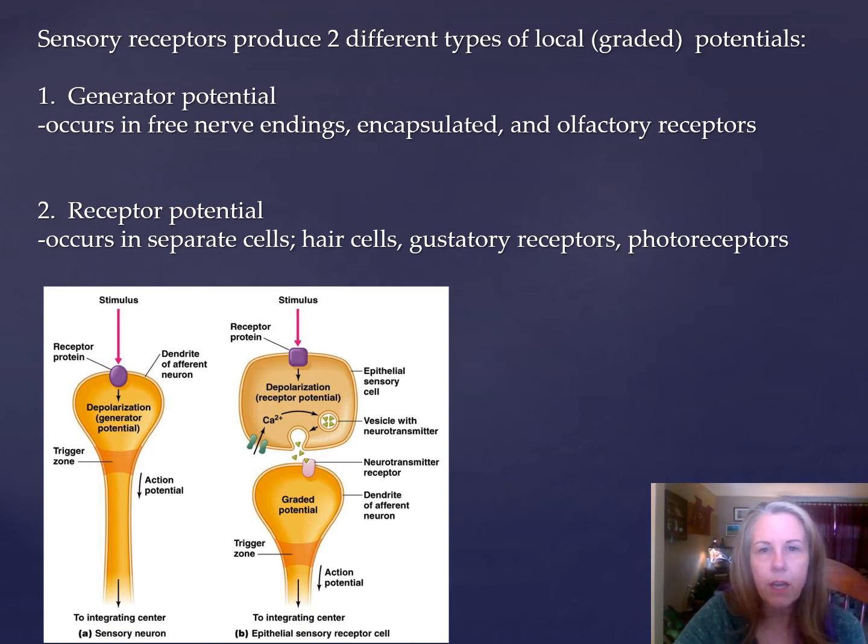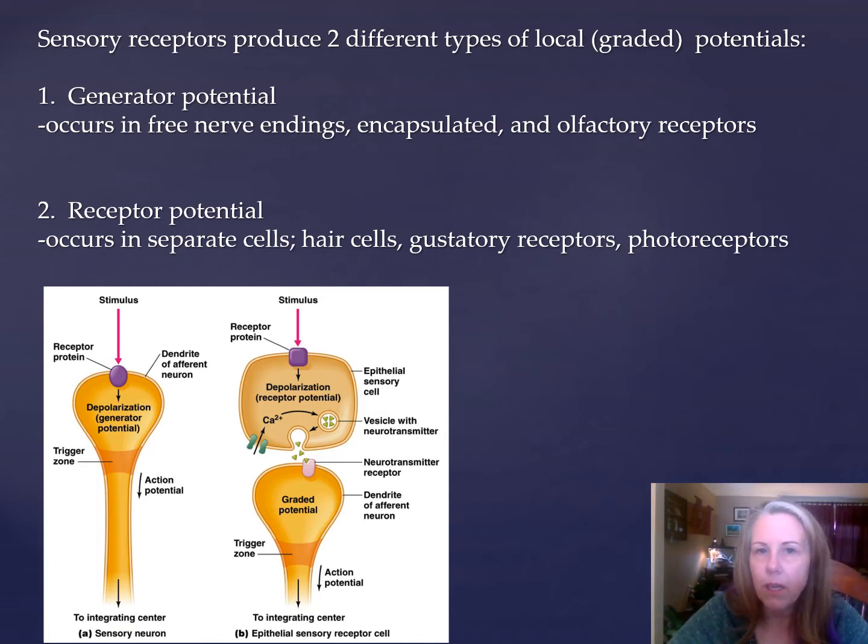In turn, that separate cell is going to release a neurotransmitter. It synapses with the sensory neuron. That neurotransmitter is going to be picked up by that sensory neuron, cause ion channels to open up, cause ions to flow. We're going to have a reversal of the polarity on the plasma membrane, and it's going to trigger an action potential in that sensory neuron. So it's kind of a double step on this one.